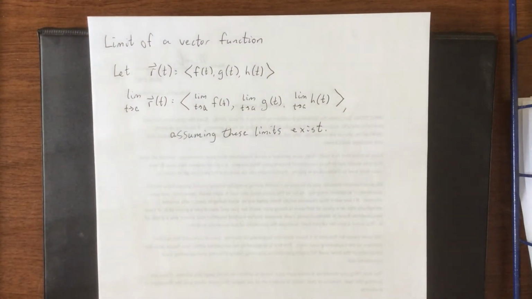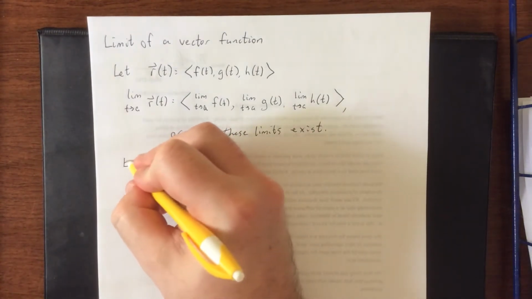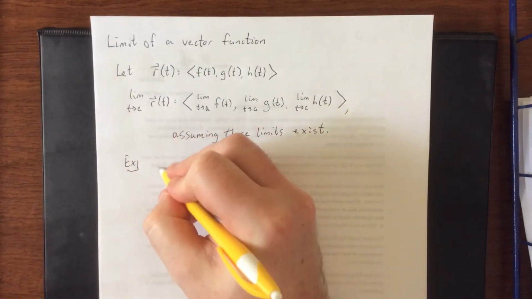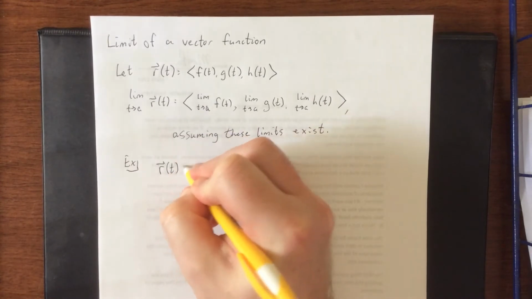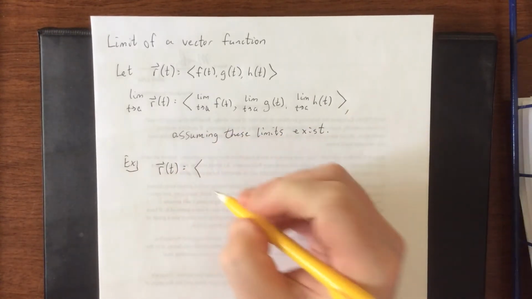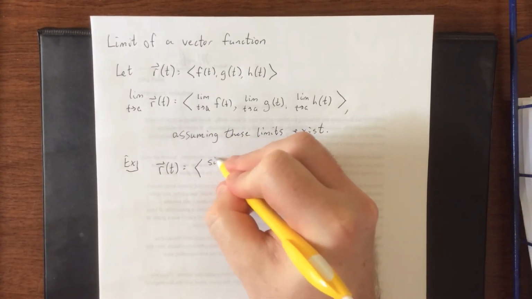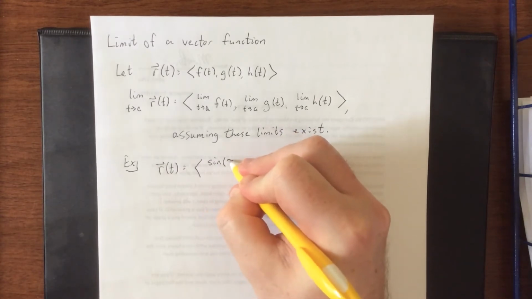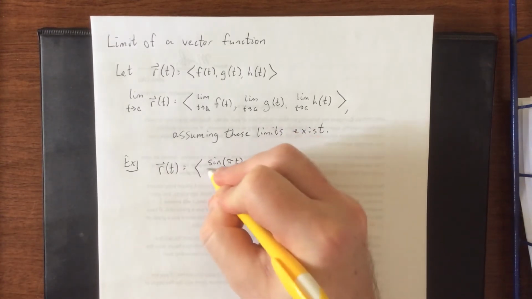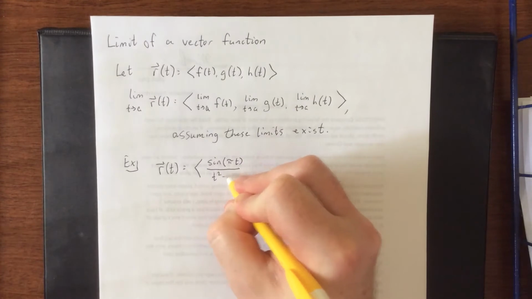Now with that in mind, let's consider one such vector function. Let's say that r of t is equal to, let's do the function sine of pi t divided by t squared minus 4.